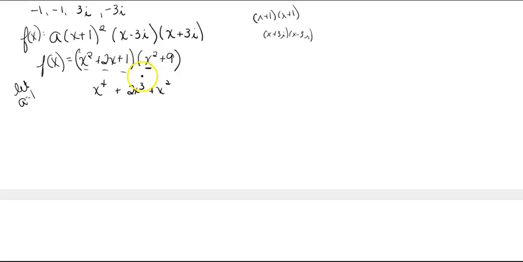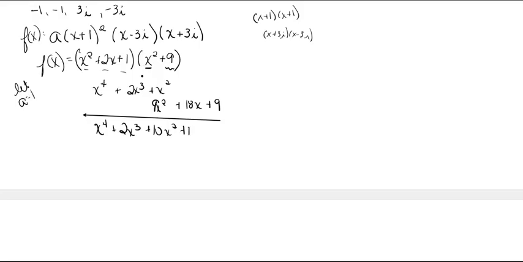And now I'm going to multiply everything by 9, and I'm going to line up my like terms. 9 times x squared gives me 9x squared, and then 9 times 2x gives me 18x, and 9 times 1 gives me 9. So when I add them all together, I get x to the 4th plus 2x to the 3rd plus 10x squared plus 18x plus 9.